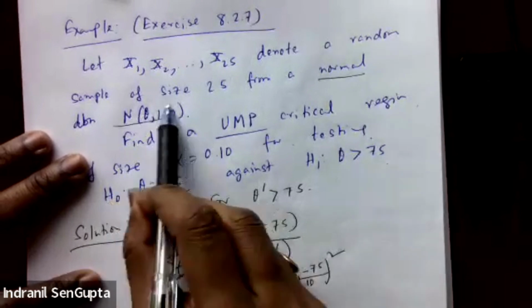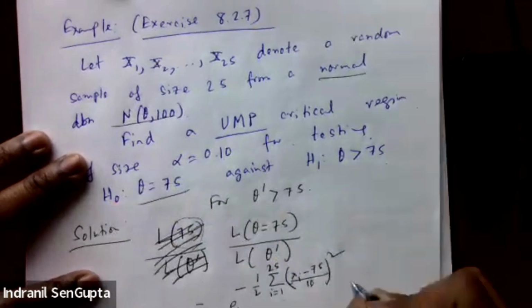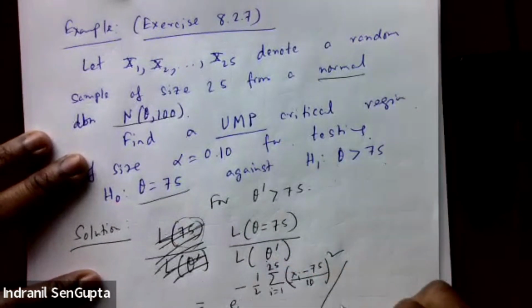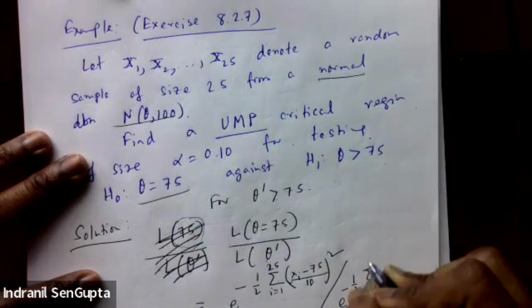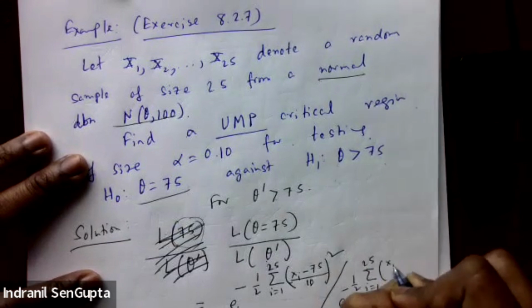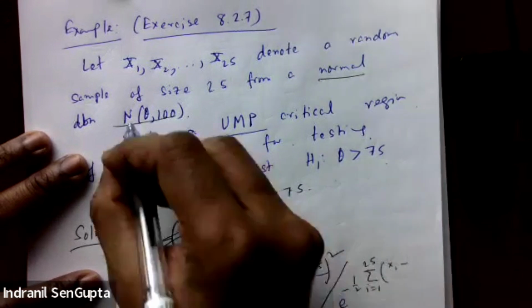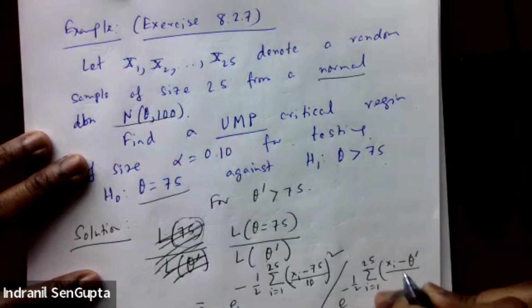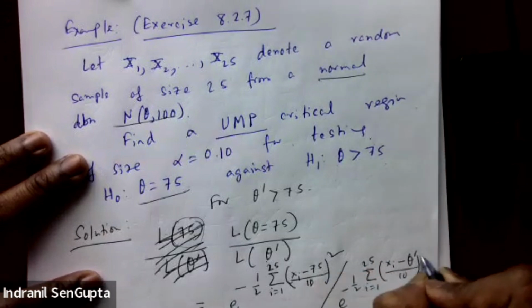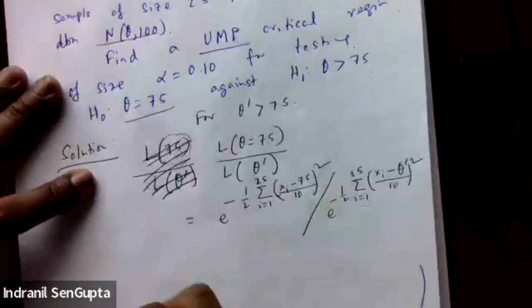So 10 because the standard deviation is 10. And divided by, this is just e to the minus 1/2 summation i from 1 to 25 of xi minus theta prime, since I'm trying to estimate the mean, over 10 squared. Okay. So that's the quantity.